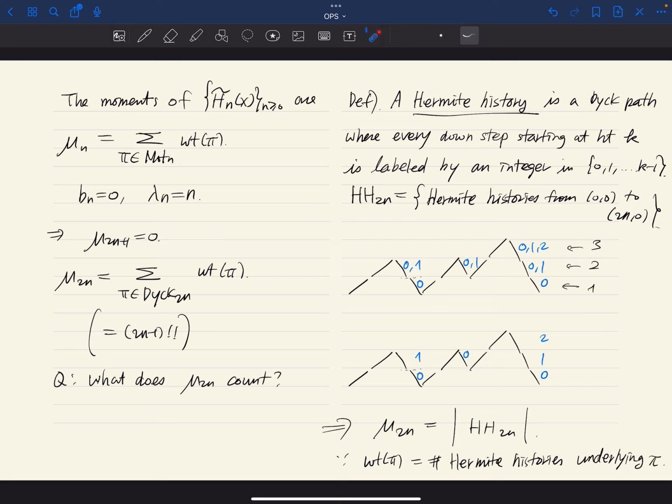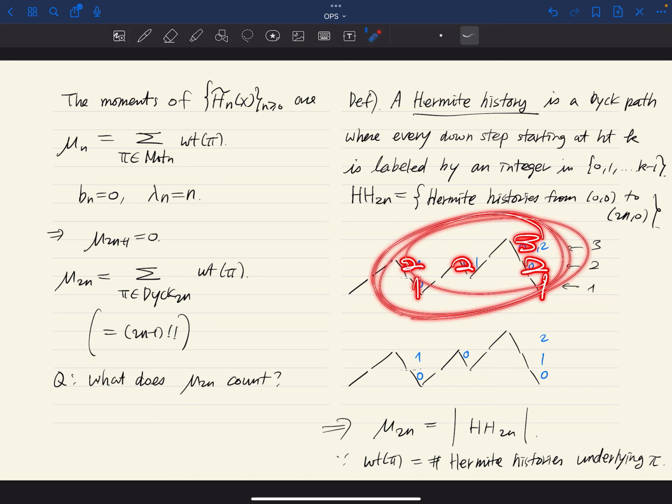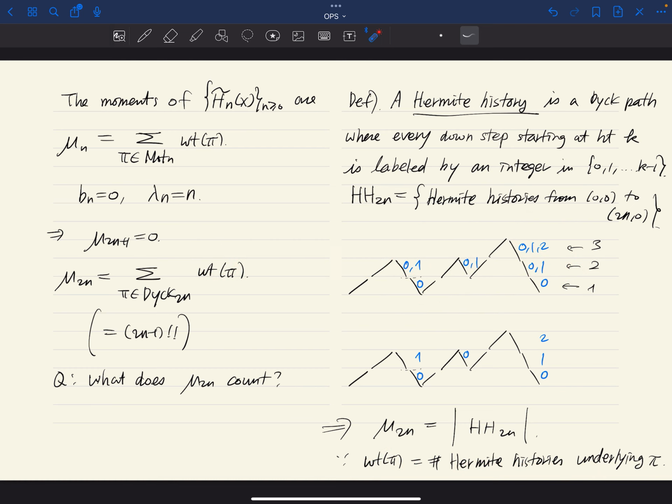So, for instance, suppose that you fix this pi. How many Hermite histories are there? Here you have to select one of these. So it's 1, 1. There are two possibilities, 2, 2. There are 3 possibilities. So you multiply all of this. That is exactly the weight. So if you add all the weights, that's exactly the number of all Hermite histories. Okay.